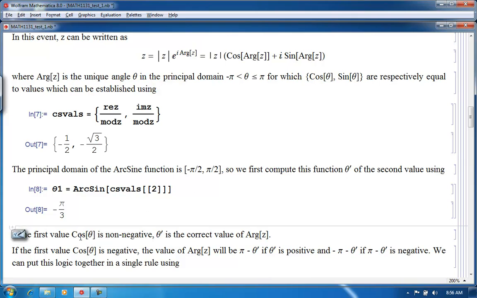And if the first value, cos theta, is non-negative, then theta prime is the correct value of arg z. But if cos theta is negative, the arg of z will be pi minus theta prime if theta prime is positive, and minus pi minus theta prime if theta prime is negative.